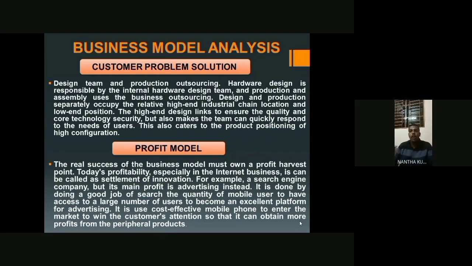Okay, this is one of the best and important business model analyses because as a seller we need to get the profit. So when we advertise something about the new mobile or about the goodness of using the mobile, the customer will look for us because they are interested to buy from us.